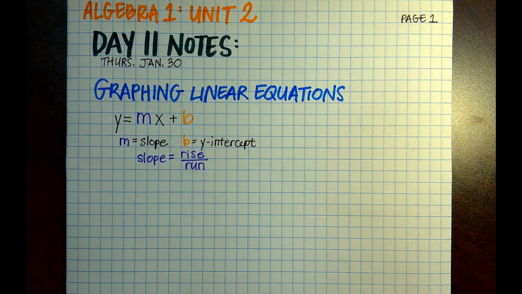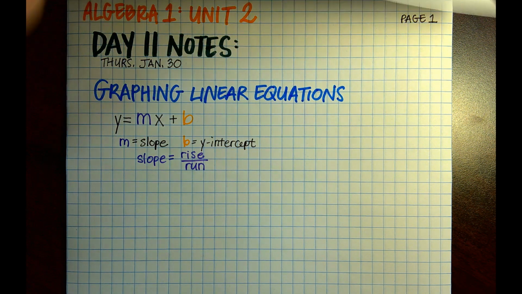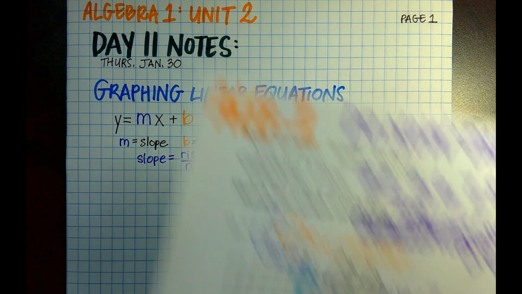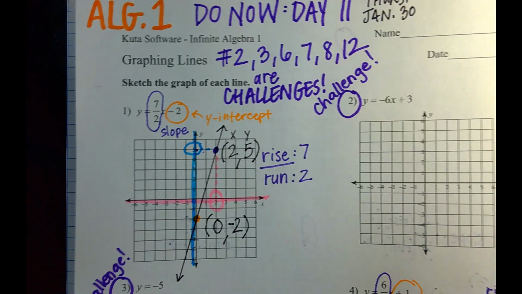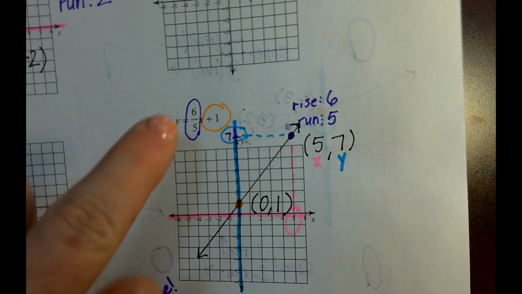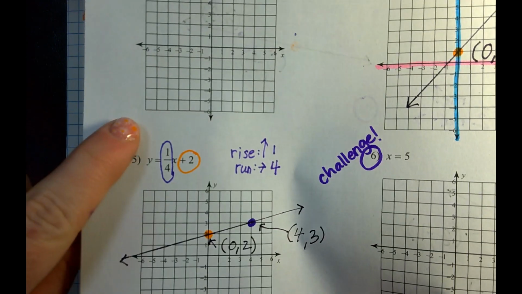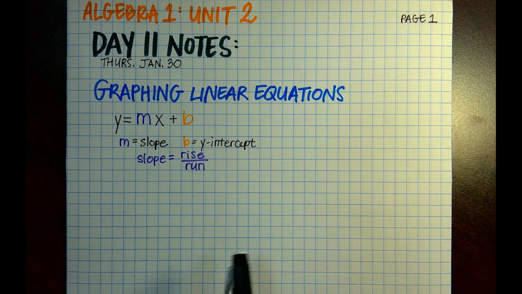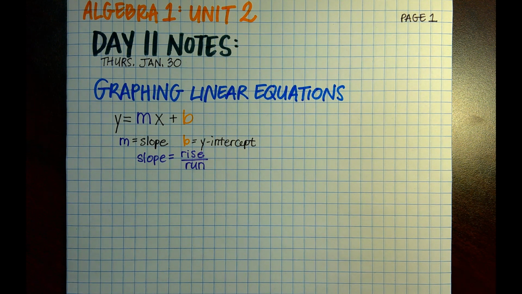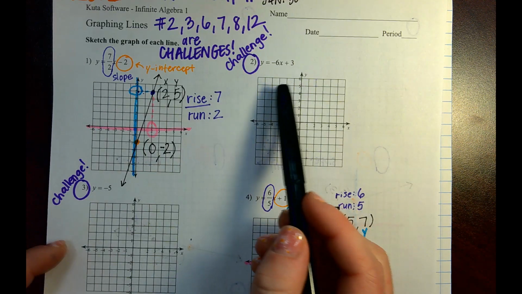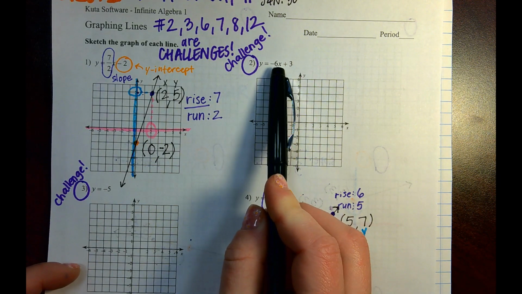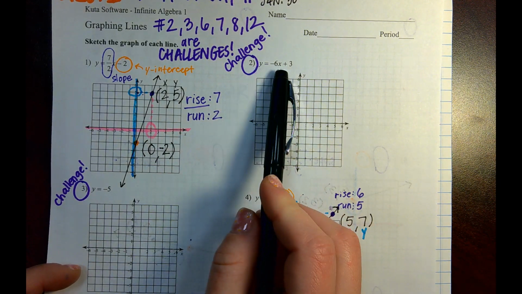We usually see in problems like we did on the worksheet, for example, that first one was 7 over 2, or 6 over 5, or 1/4. But what do we do whenever we have a problem like number 2, where the slope is not a fraction, where it's -6?